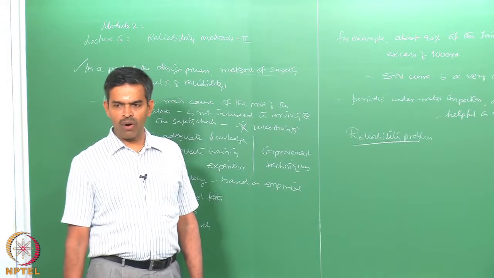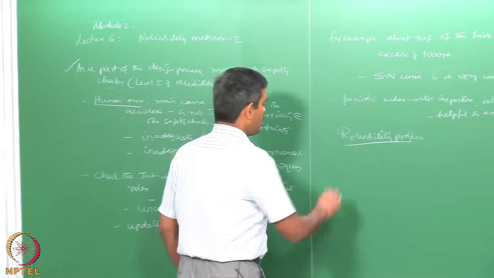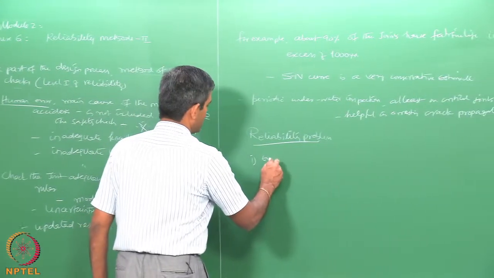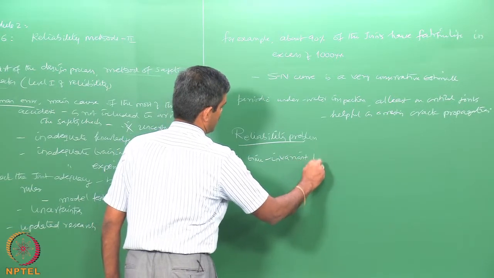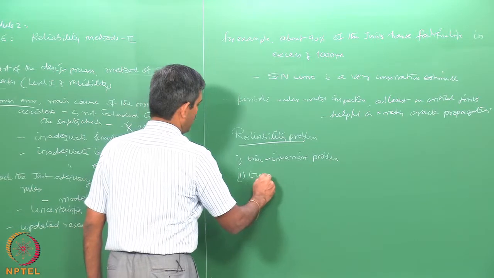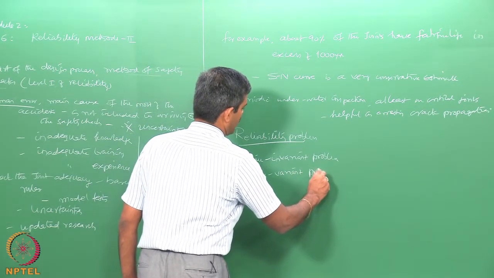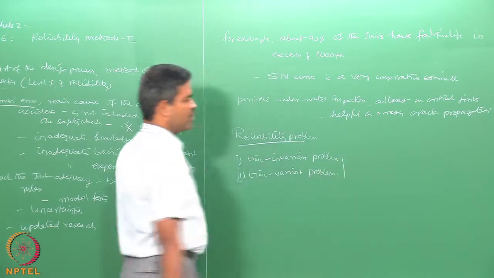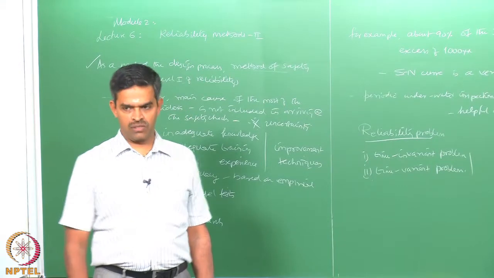This formulation broadly can be grouped into two. One is what is called time invariant problem, the other is time variant problem. That is the overall broad grouping of reliability problems as applied to offshore structures.